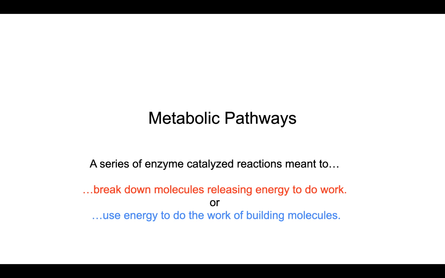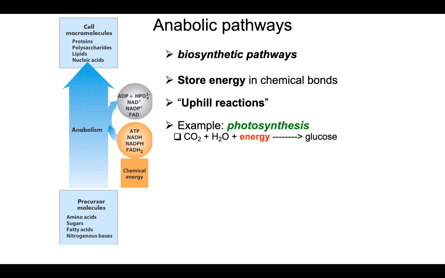Now that we have an idea of the nature of chemical reactions, and we'll go into more detail in a little bit, let's take a look at metabolic pathways. These are the sets of biochemical reactions necessary for life, and we can break them down into two types. There are anabolic pathways. These are the biosynthetic pathways. These are the pathways in which the cell must invest energy in the form of ATP and NADH, NADPH, FADH2. These are electron carriers.